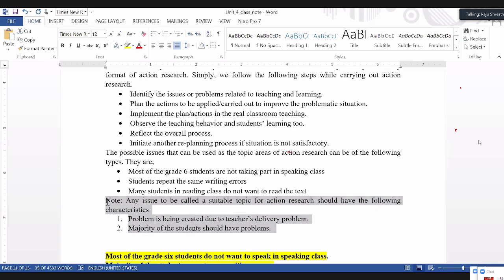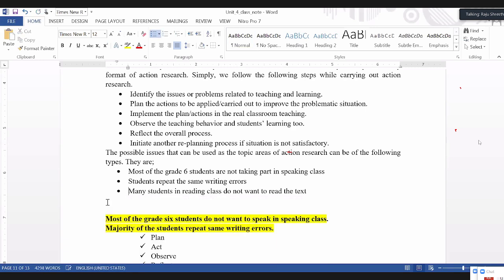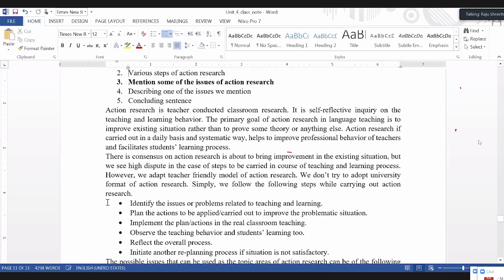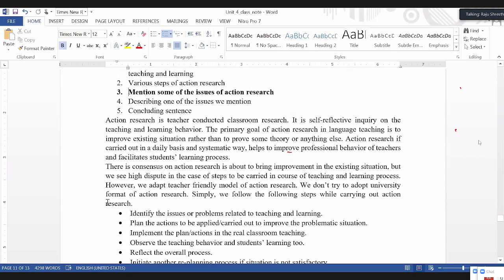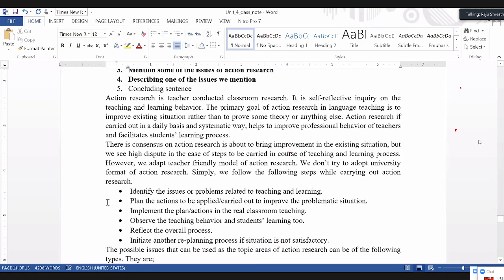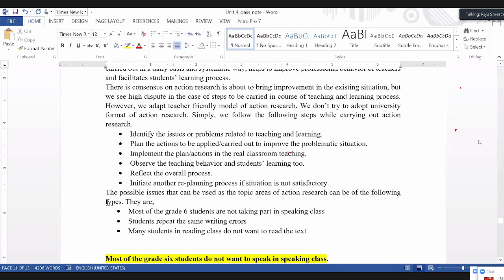Now I remove this because this is the answer form. And next, अब अर्को पार्टमा जाउँ. So describe one of the issues we mentioned, हैन. अब यसमा चाहिँ के गर्नु पर्यो भने from the above mentioned issues, I want to select एउटा select गरौँ है त.